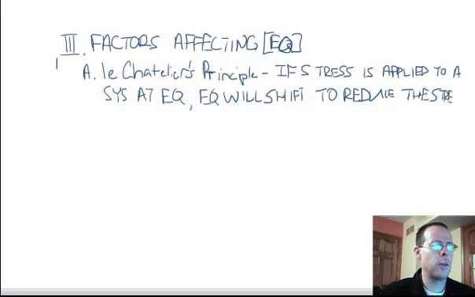And this is a super important concept. Comes up on the AP test quite often, whether it's in the multiple choice or even in the free response questions. Just this idea or concept, which we have given the name Le Chatelier's principle.